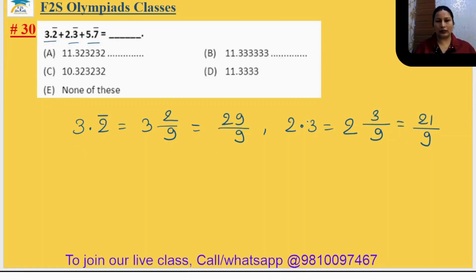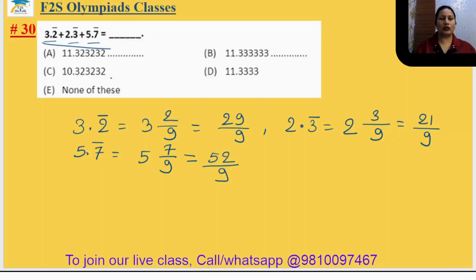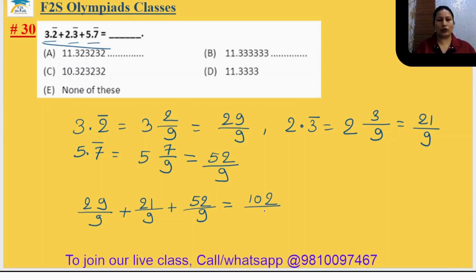These are the recurring decimals actually. Next is 5.7 recurring. It can be written as 7 upon 9. To remove the recurring, we put 9 as the denominator, which after converting it into the improper fraction will be 52 by 9. Now add all these three: 29 upon 9 plus 21 upon 9 plus 52 upon 9 equal to 102 upon 9.